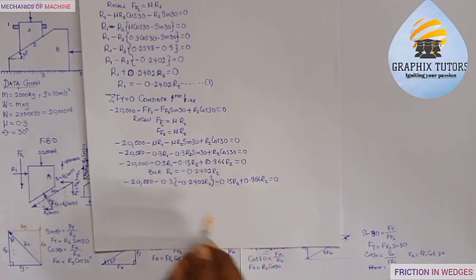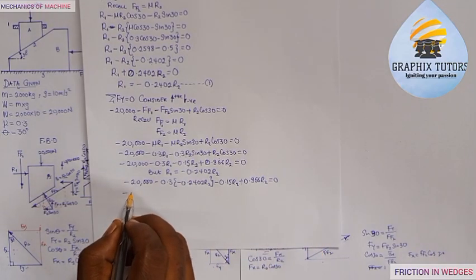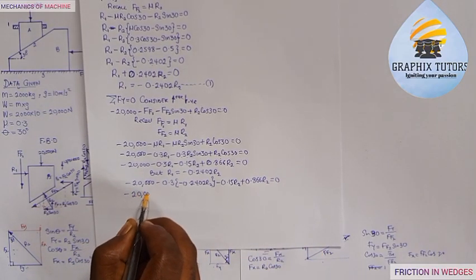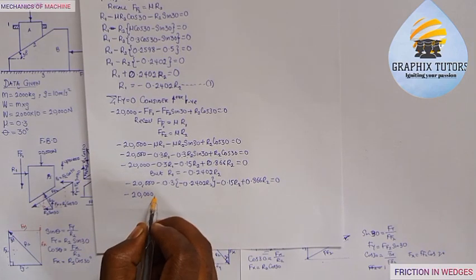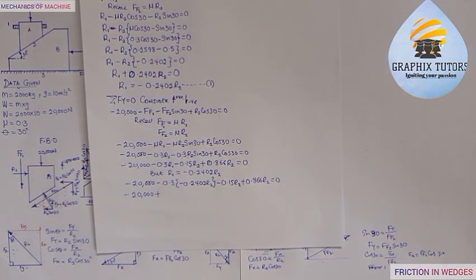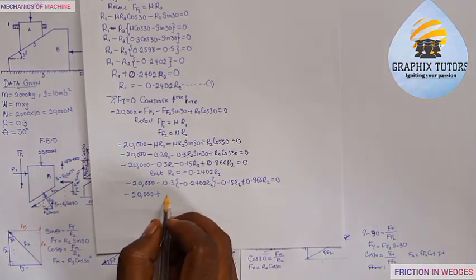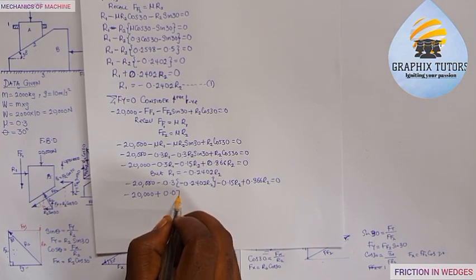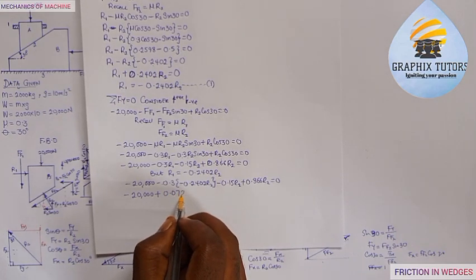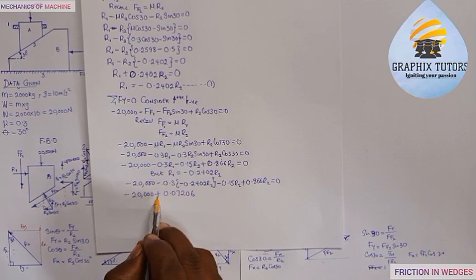So from here, I will now have minus 20,000 minus, minus is plus. So 0.3 times 0.2402, right? So that will give me 0.07206, because minus and minus is plus.